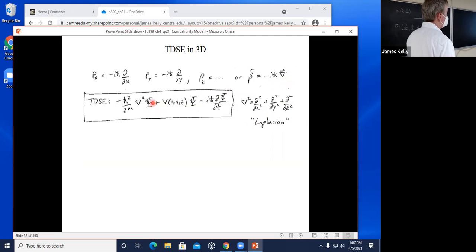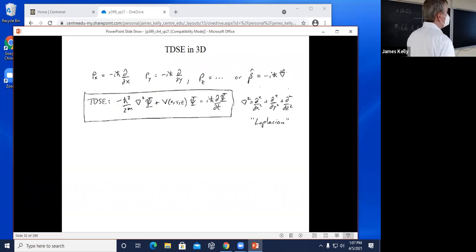And if you write p squared over 2m, that means p dot p over 2m as an operator. That simplifies down to this, or it doesn't even really need to be simplified much. Psi here we're thinking of is a function of x, y, and z, or the spatial coordinates, and time. So our solution is going to be a function of 4 variables, x, y, z, and t.